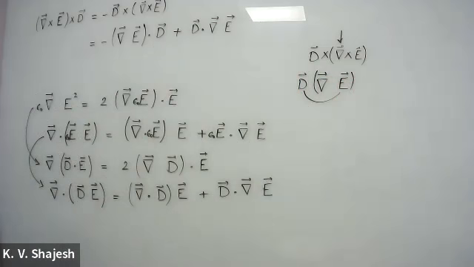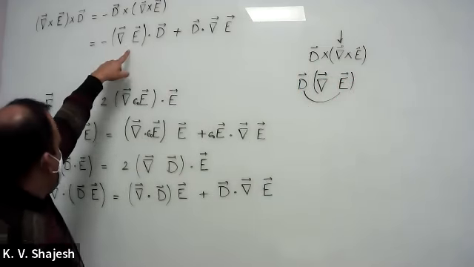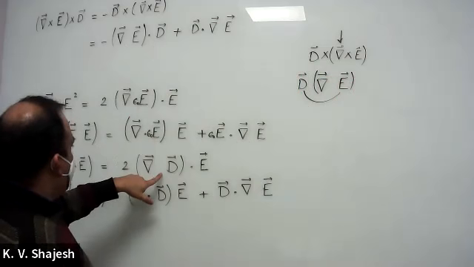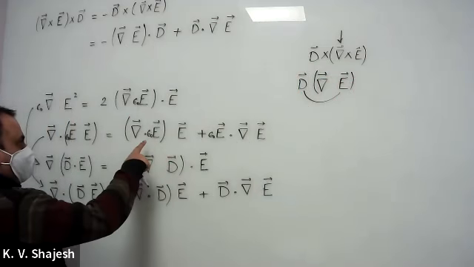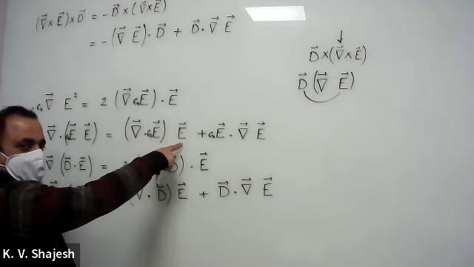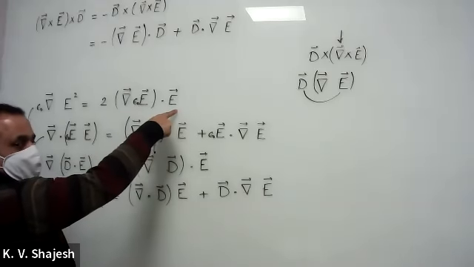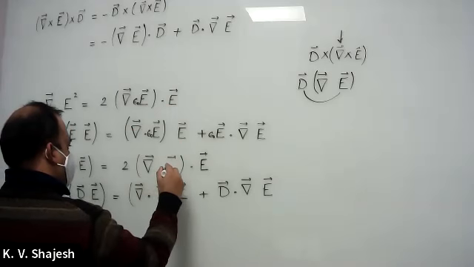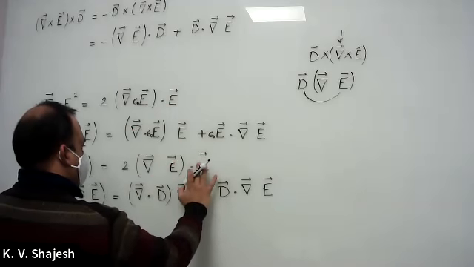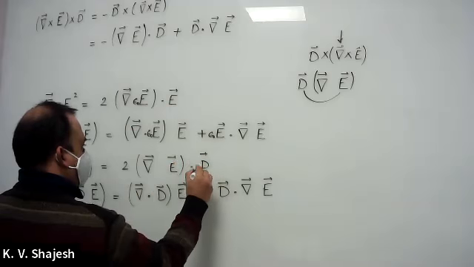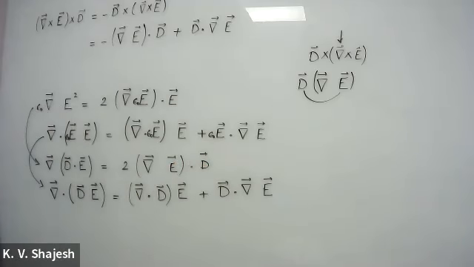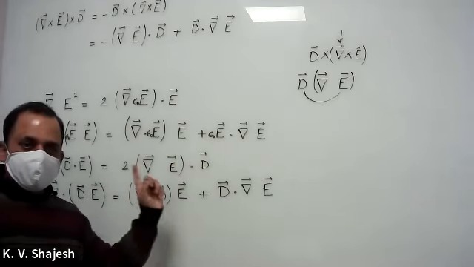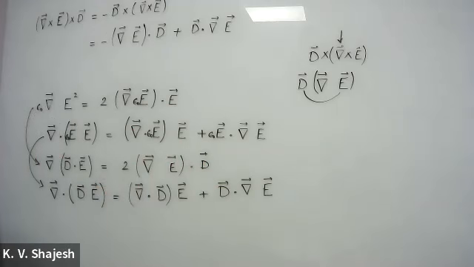But probably what you're trying to tell is that maybe I won't see it in this form, but there was an epsilon naught, I could have put it here or there, or here or there. So maybe it is better to write this as E times B. So epsilon naught is free to move around in that way.